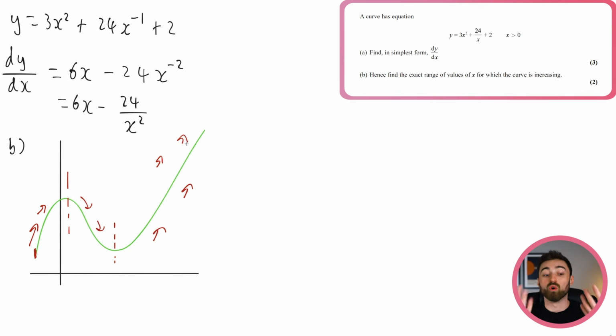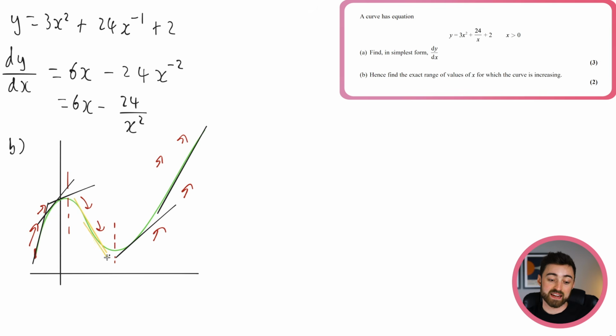It's going up. So what do the going up or increasing parts have in common? If I was to draw a tangent at any of these points, the gradient of said tangent would be positive, right? All positive lines. If I was to draw a tangent at the decreasing bit, it would be going down.